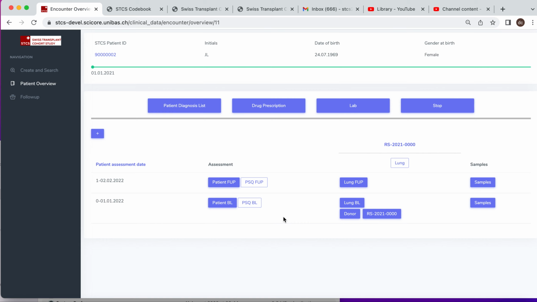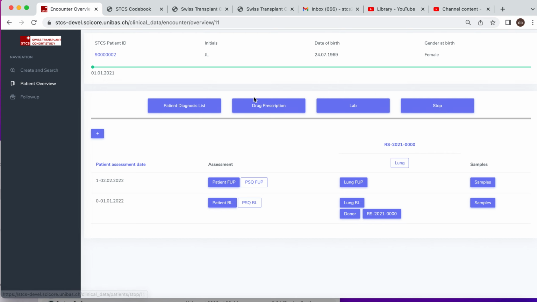We have also other data that are collected. Psychosocial questionnaire, baseline and follow-up. Samples. This is a biobank composed of liquid samples, plasma, viable cells, and DNA. Then we have events and diseases that can be patient specific.